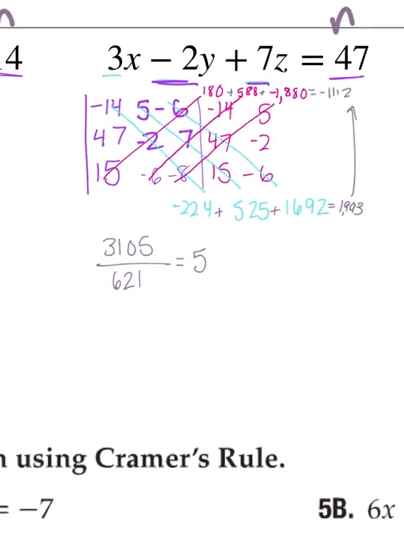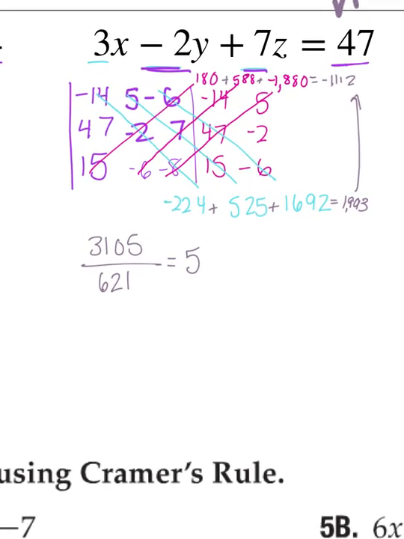Now we're going to move on to the y value. Okay, so when you're doing these determinants, when you're setting up the matrix, you are going to have the numbers that are the answers in the y spots.